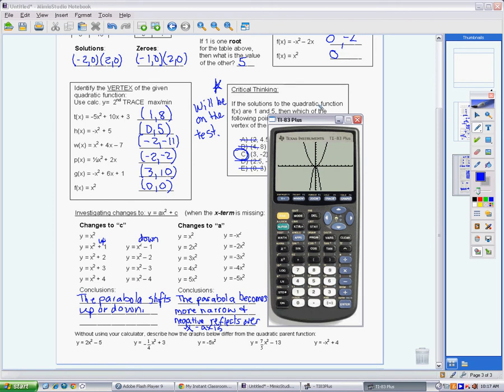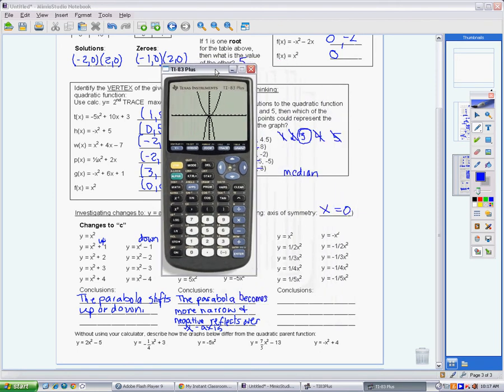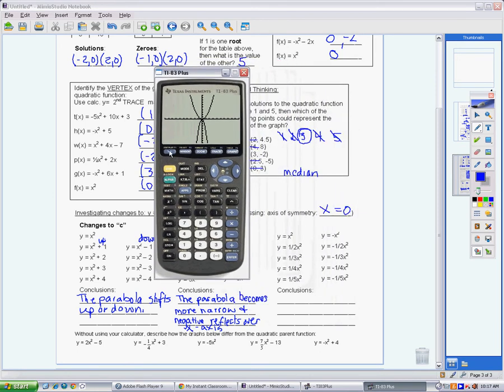Okay, well, now we need to see what happens when we change A again, but this time to a fraction. So what happens if I do 1/2 x squared? Here was the original, and here's the half x squared. So it made it wider.